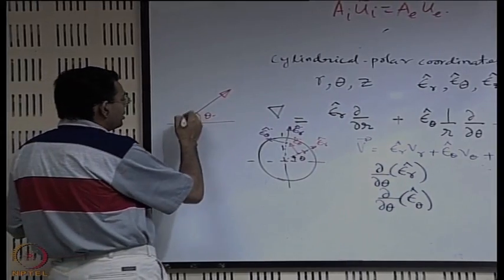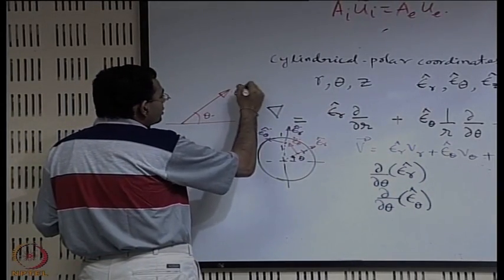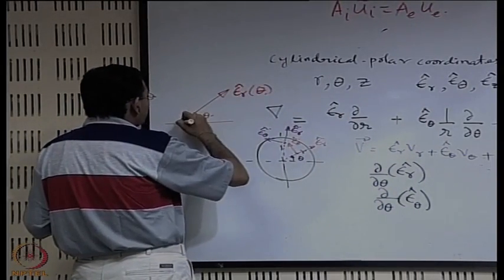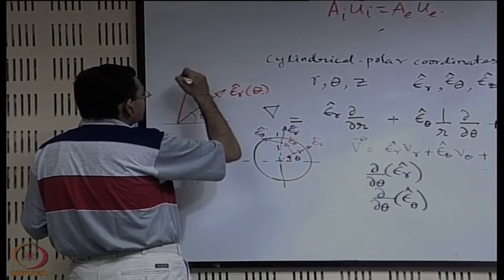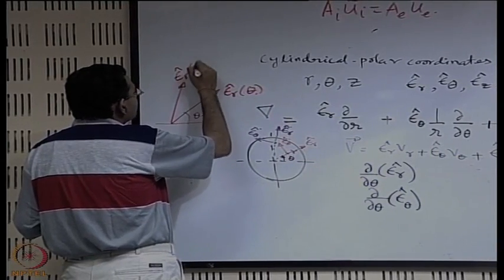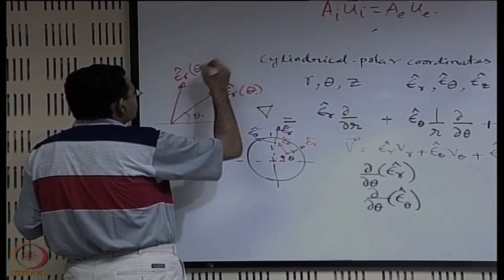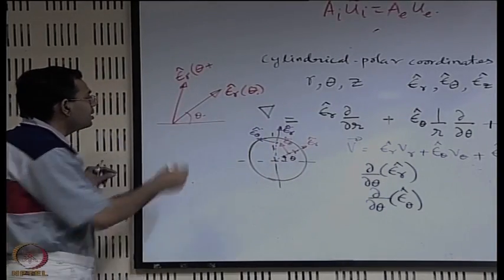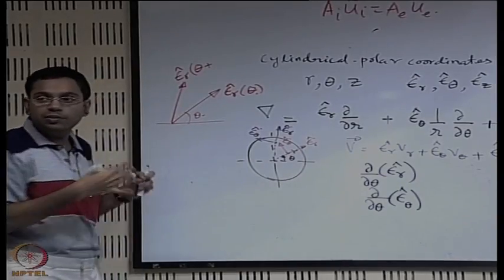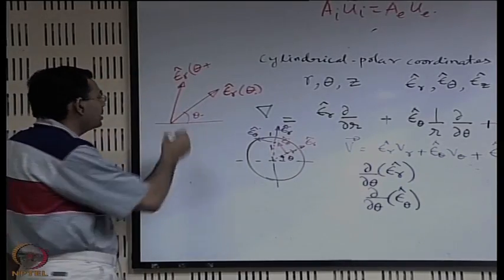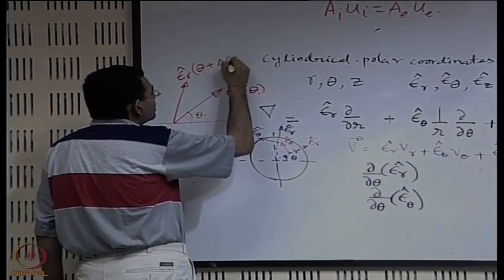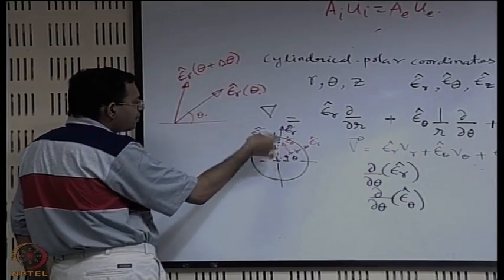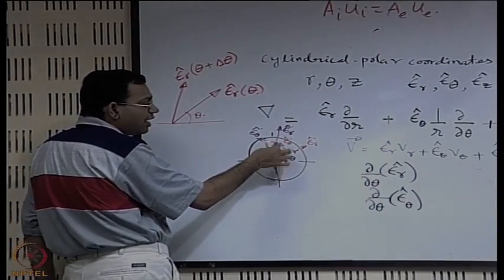So this is epsilon r for theta, and this is epsilon r for theta plus, we can write d theta straight away, or if you want to be more fundamental, let us consider it as delta theta in the limit as delta theta tends to 0. So this is at theta plus delta theta, the corresponding angular position.